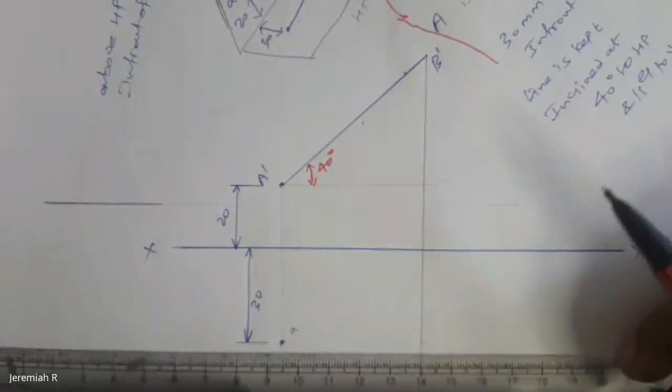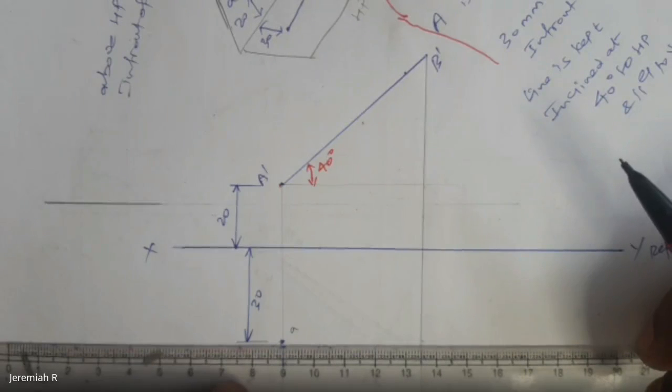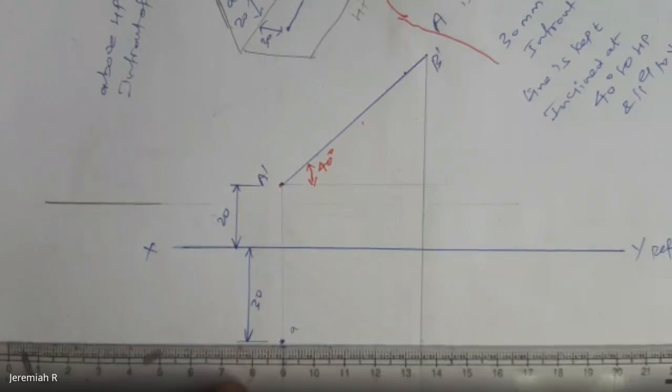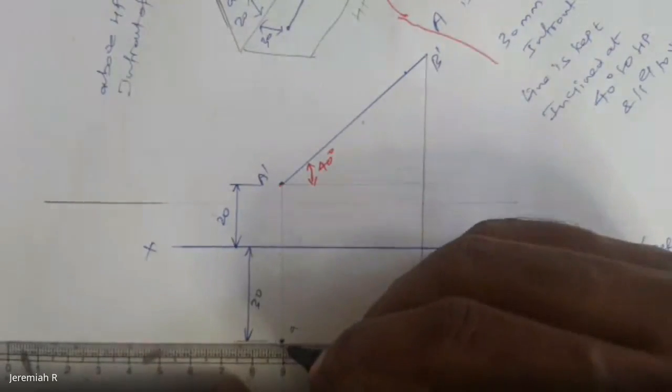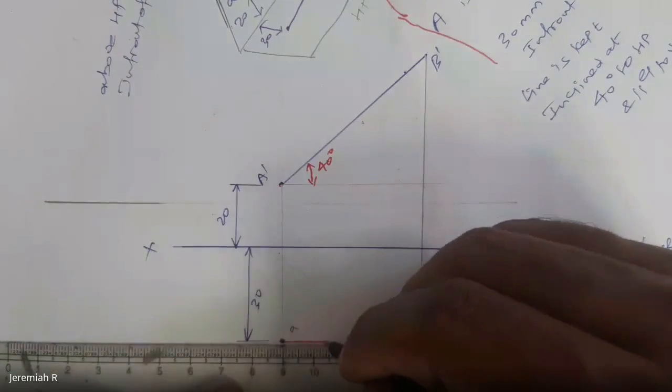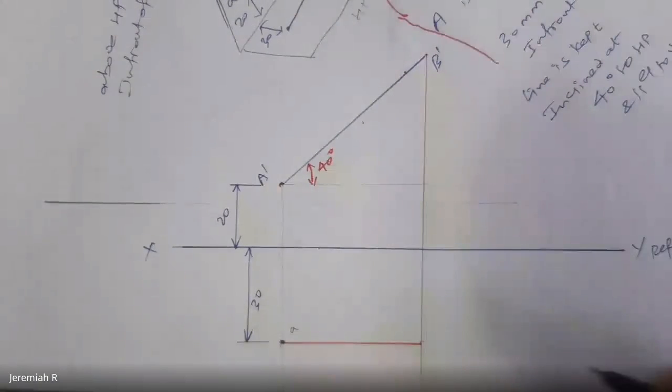Already you got point number A, so from point number A draw one horizontal line. From this, draw a horizontal line. So on top you will get something like this.